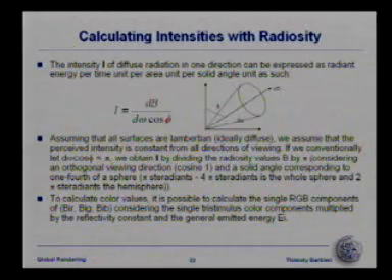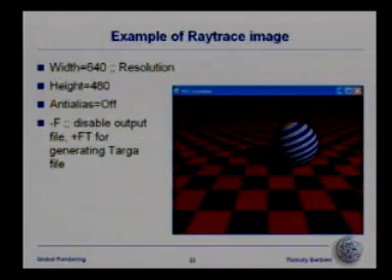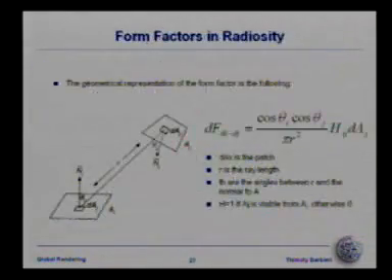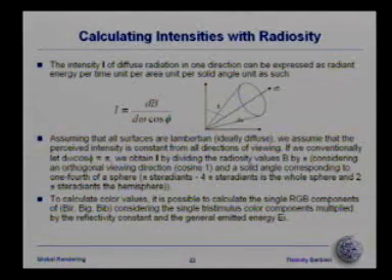Therefore, you might understand that the more the patches, the more the mess. Okay. So, one big advantage of radiosity is that it accurately gives you a physically based result. So it is much more realistic than ray tracing.